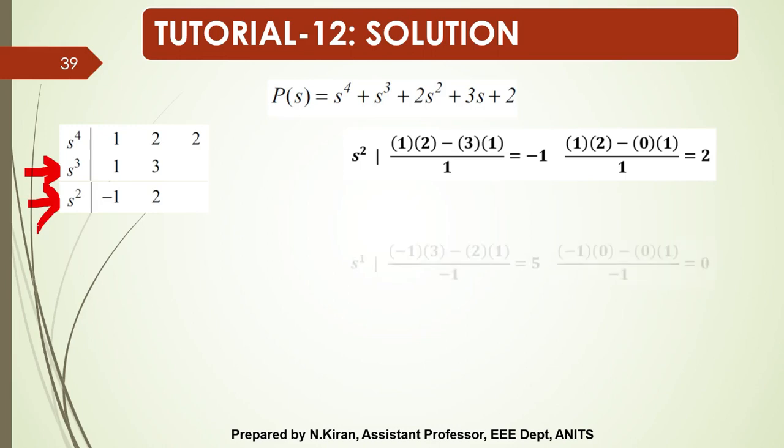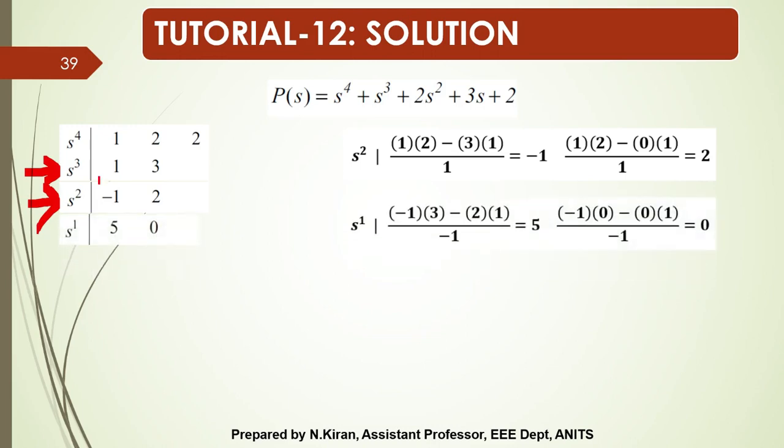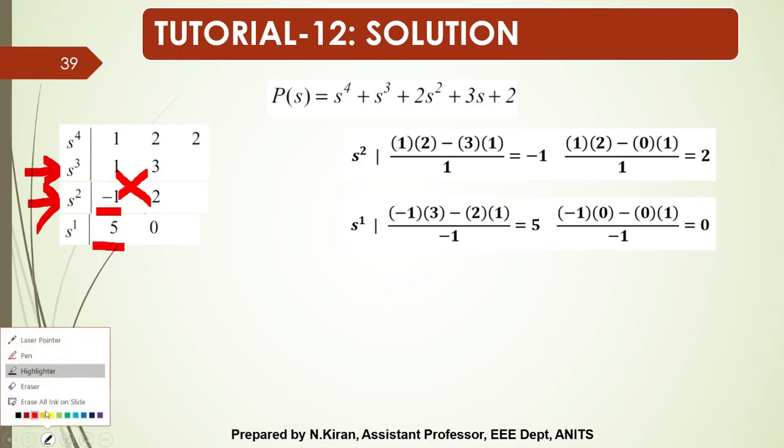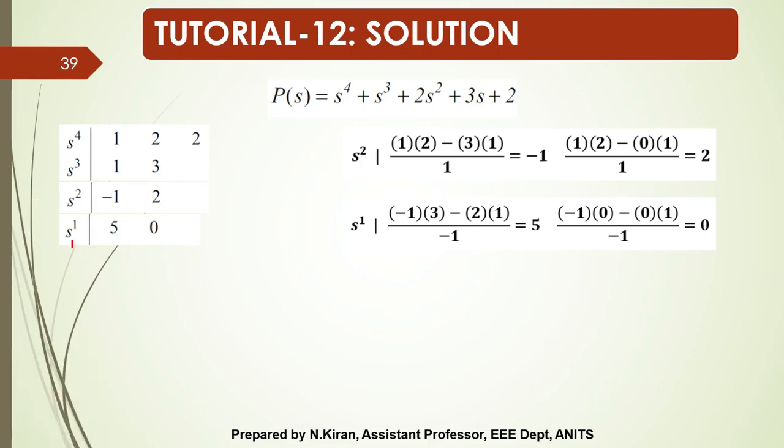So using the formula, the first element can be obtained: minus 1 into 3 minus 2 into 1 divided by minus 1 will give me the first element corresponding to the row s bar 1, which is 5. Next, the next element in the same row s bar 1.